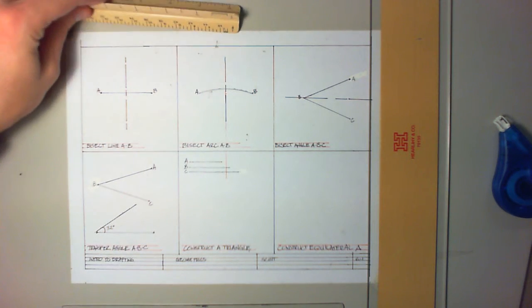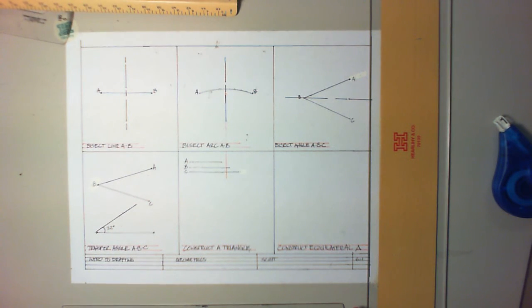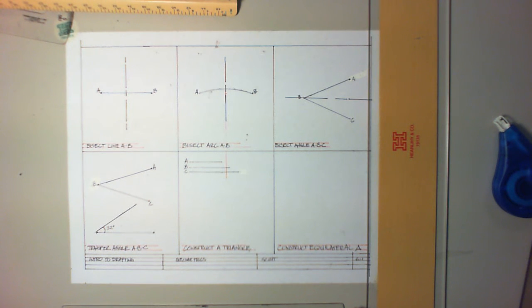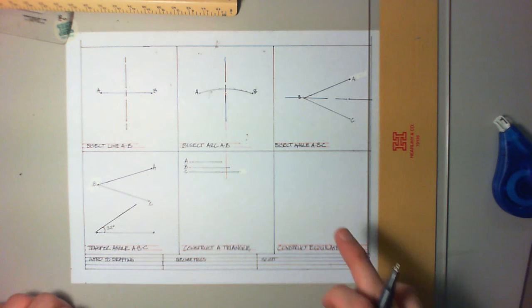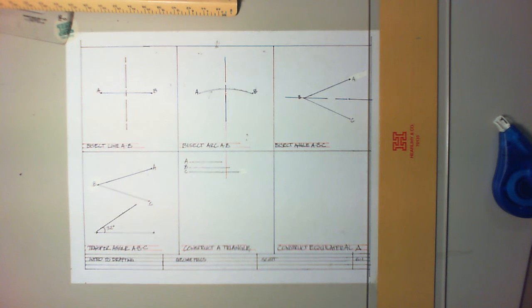Alright, so we need to make a triangle out of those. So what I would do is we want to start off with the C. Let's just start off with our base.